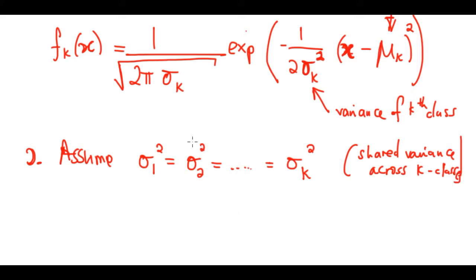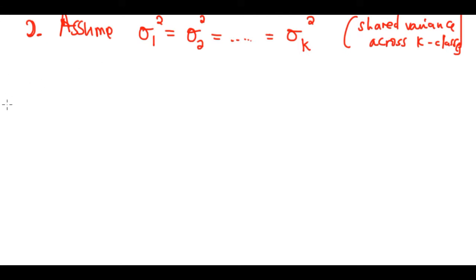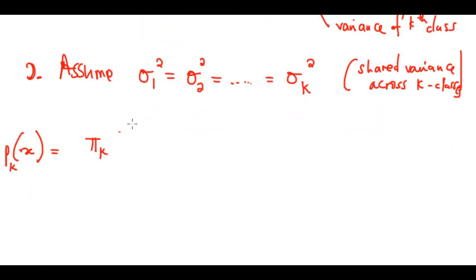So with our second assumption, let's put these two into our formula for p. If you remember from the previous video, p_k(x) is equal to pi_k times f_k(x), that nasty part there: 1 over square root of 2 pi sigma.